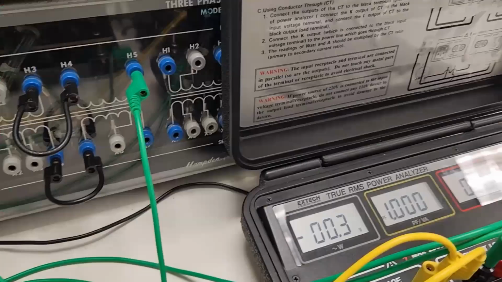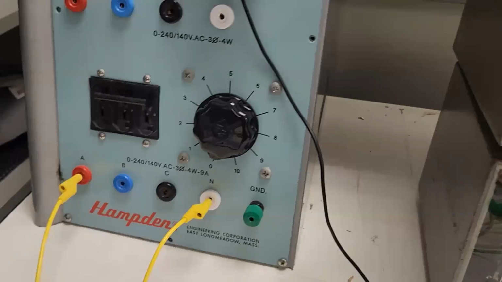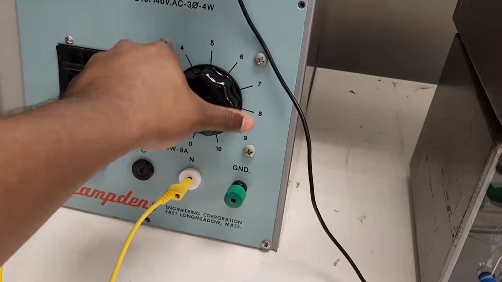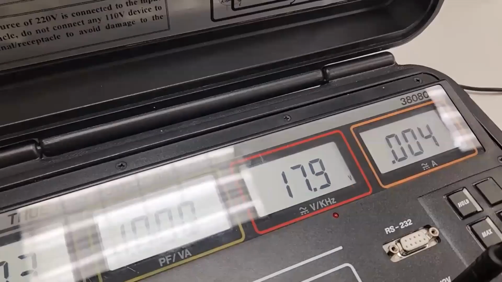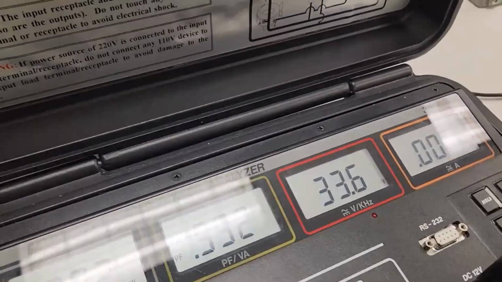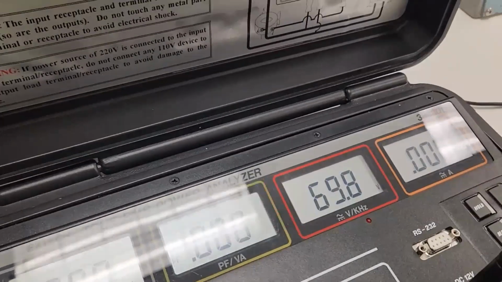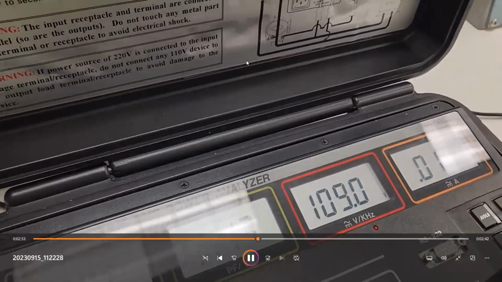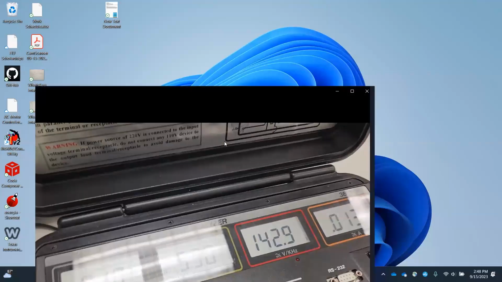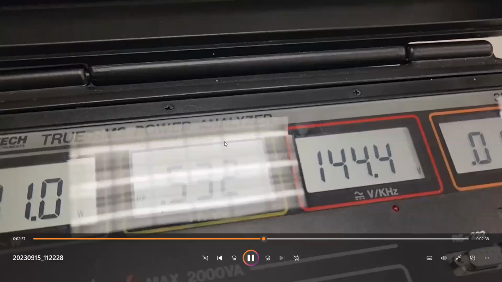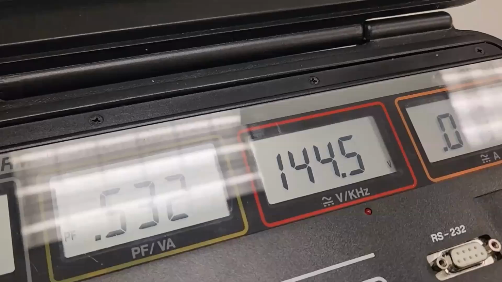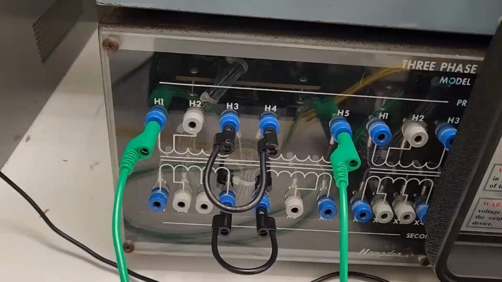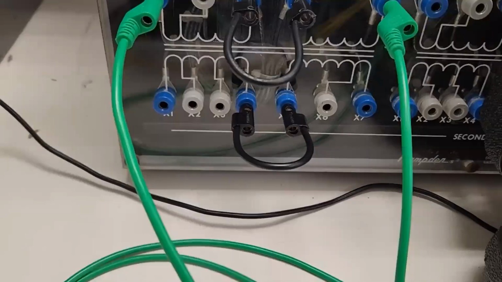So let's turn on and increase the voltage. As you can see, the voltage is increasing. We'll supply the maximum amount of voltage on the primary side, which is 145. So that's the supply voltage to the primary side, and the secondary side is open.